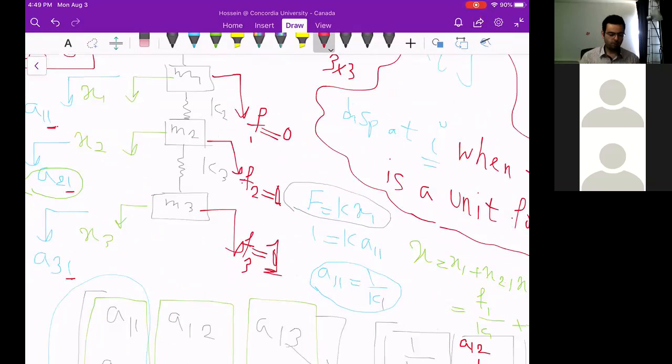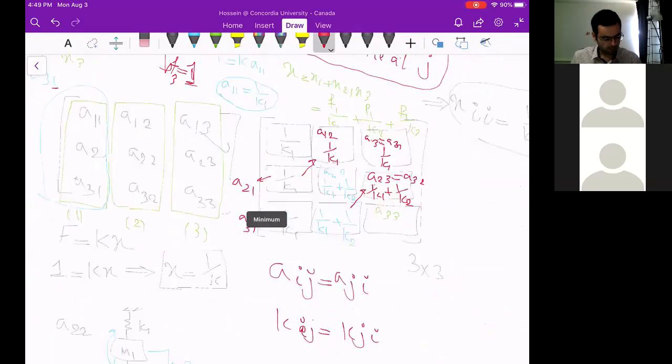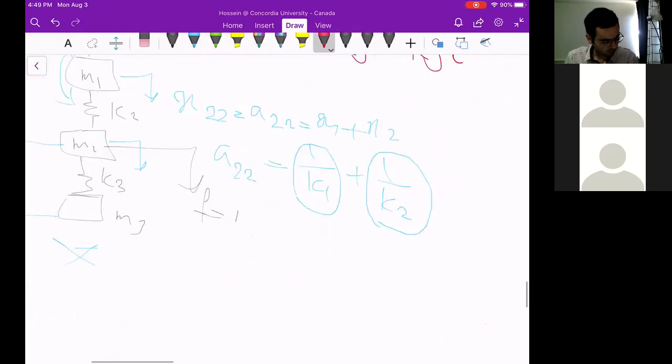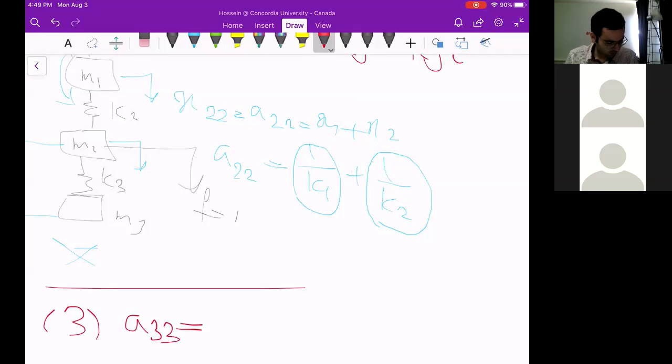When there is a unit force at mass 3, the deformation is 1 over K1 plus 1 over K2 plus 1 over K3.